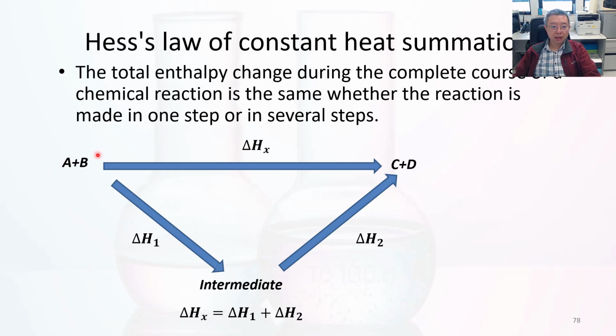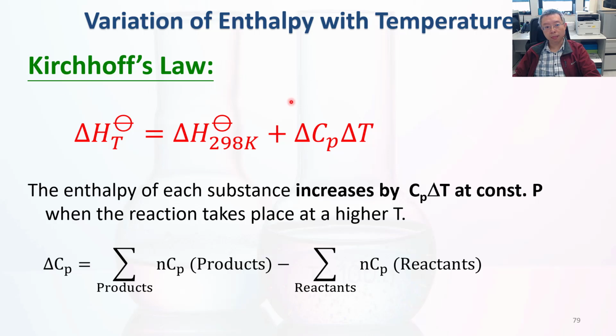Okay, so what else? If this is not through a chemical intermediate, but through a different temperature, this is called Kirchhoff's law. If I know the delta H at room temperature, and I want to know delta H at another temperature, higher or lower, then delta H at the new temperature equals delta H at room temperature plus delta Cp times delta T. Delta Cp is the heat capacity difference, equal to the product minus the reactant.